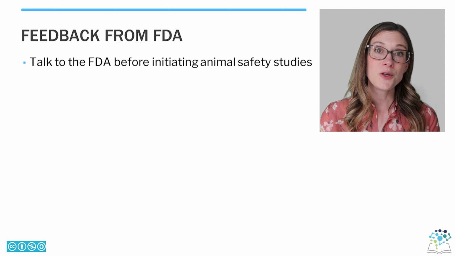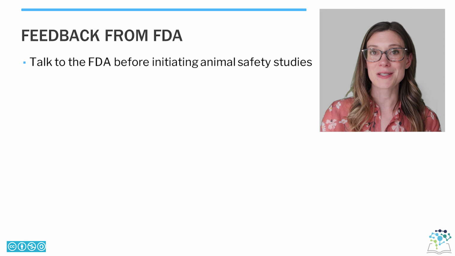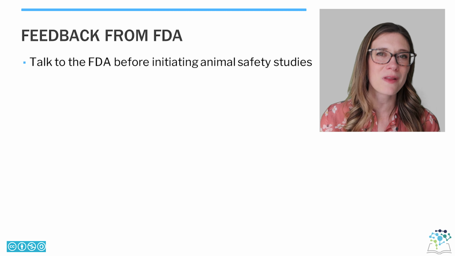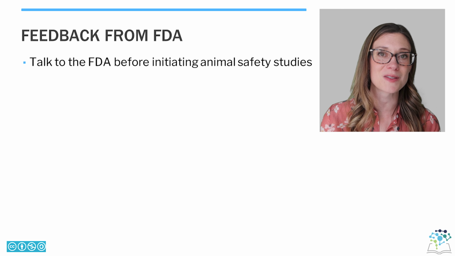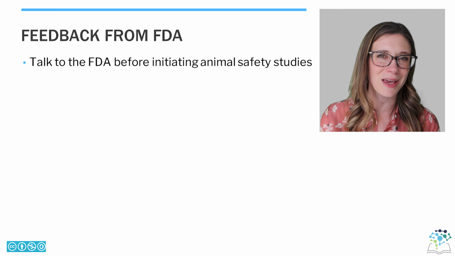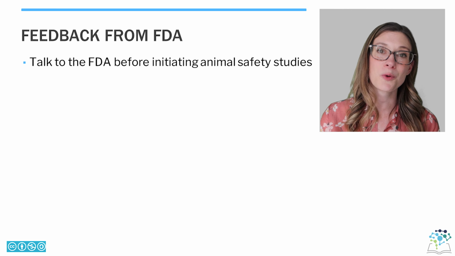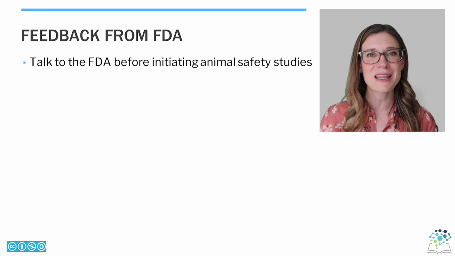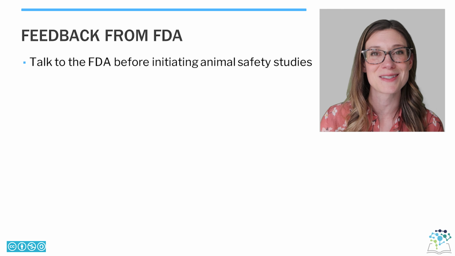So using all the information you can gather, it's an ideal strategy to make your best guess about what's the best animal model to use, and then to run that by the FDA before you begin your animal investigations, because no one wants to run a set of chronic animal studies and then learn that for whatever reason that animal model is not deemed appropriate by the FDA. So getting that feedback early in the process is really important.